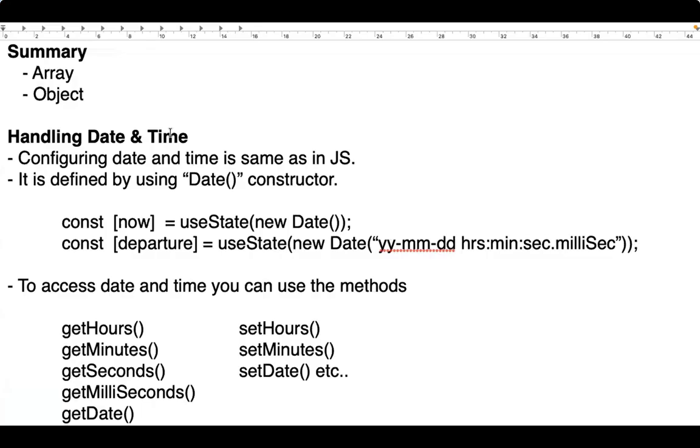So we learned about different data types and how to handle them in React: primitive types, non-primitive types. Yesterday we learned how to present arrays and objects. Have you practiced arrays by using which method? Map.